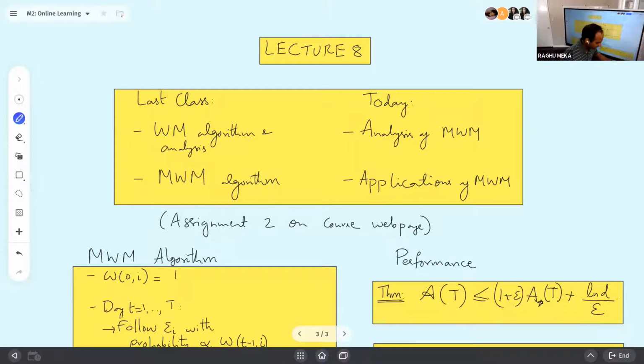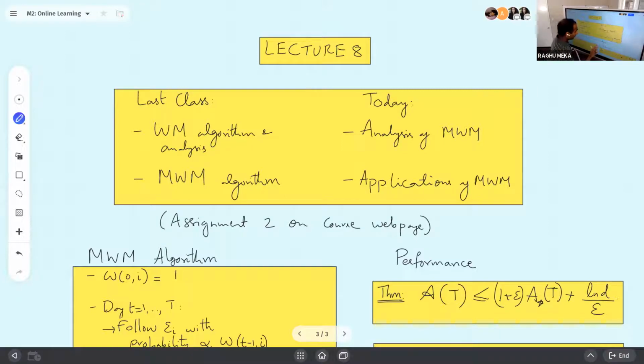An algorithm is no regret if the average gap with the best expert goes to 0 as you play the game more and more. So as you play the game repeatedly, you should get as close to the best expert as possible. For that purpose, we introduced the multiplicative weights update algorithm. We said it does better.